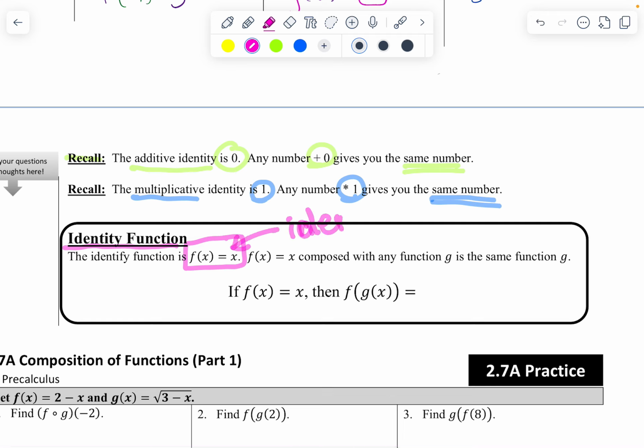That's because when it's composed with any function g of x, it always gives back the same function. If f of x equals x, when I plug it in, I get g of x. So the identity function is x. Any composition of it will stay the same.